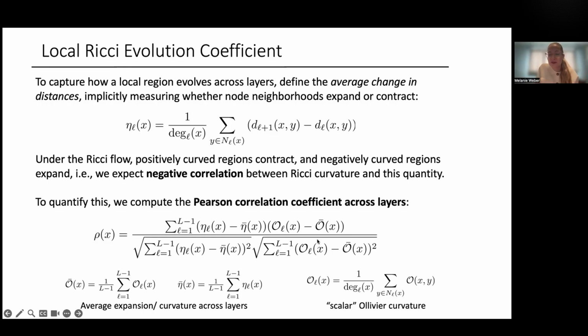This is based here on Ollivier's curvature. In the paper, we also look at some other notions of curvature, but for the purposes here, just think of the Ollivier curvature that we had introduced earlier.